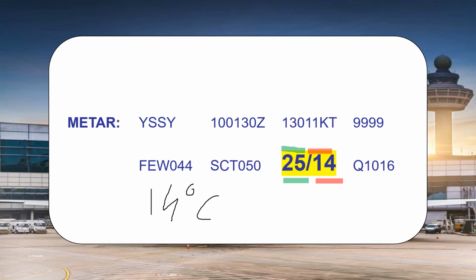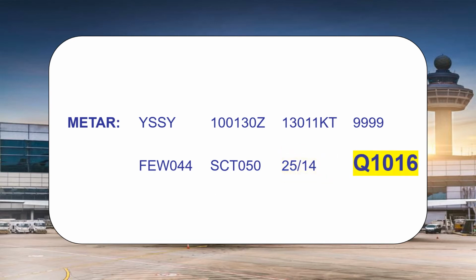Alright, this last little one here with the Q in front of it. Now the Q, this is the pressure, and the Q stands for QNH, which means height above sea level. So the altimeter setting, so this is basically an altimeter setting to ensure that planes are at the correct altitude. It's a bit more complicated than that, but that's the basics.